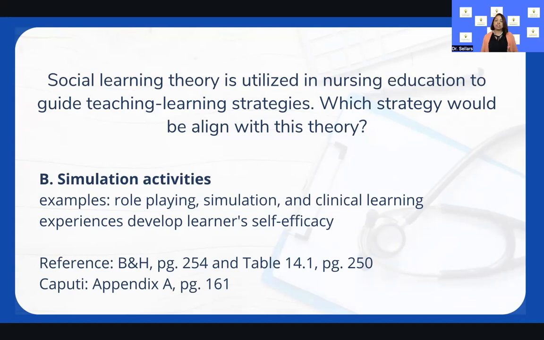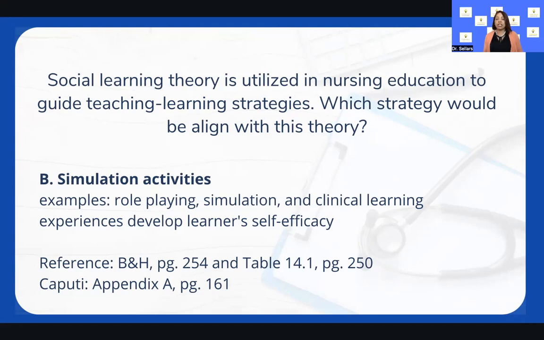The resources that are going to best support your review of this content is going to be Billings and Halstead, page 254. That's where you're going to see at the very top the implications for nursing education, the description of these teaching strategies that we've talked about, as well as table 14.1, page 250 of Billings and Halstead.